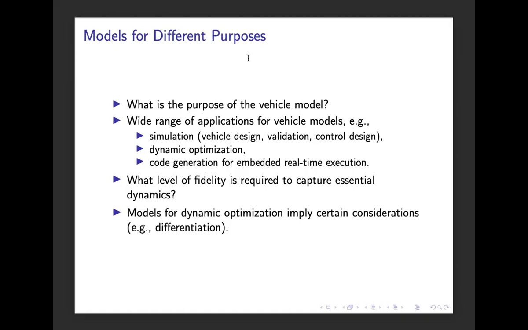If we use the model for dynamic optimization, we need to make certain considerations. It could be that we cannot use the same kind of model as we typically use for simulation when we are going to do optimization. So these are considerations we need to make when deciding on the modeling approach that we should use.